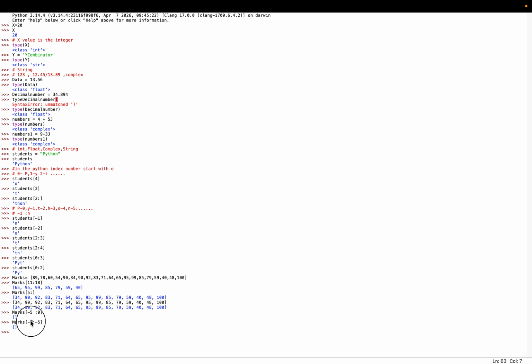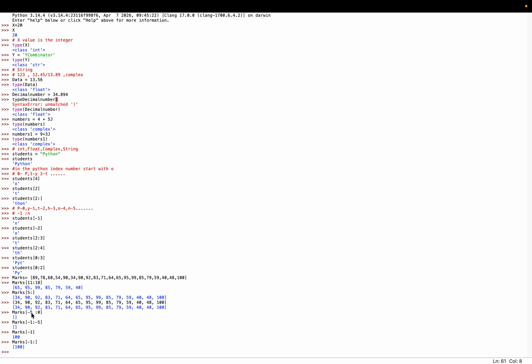Why am I not getting the values? Let's put only minus 1. Okay, so I'm getting 100. In the same way, if I put marks from minus 1 continuously, minus 1 is the last number, so that is the reason it is not coming.